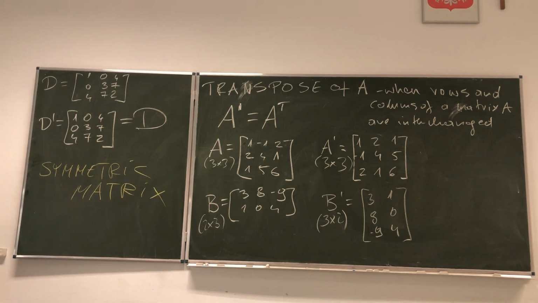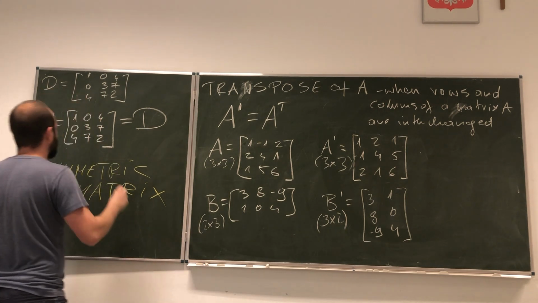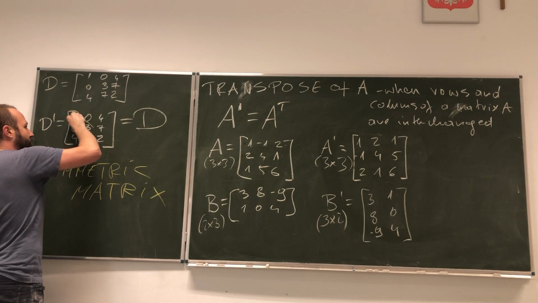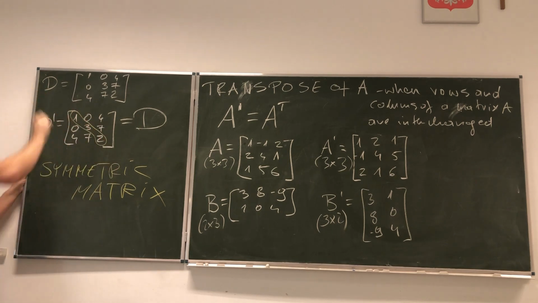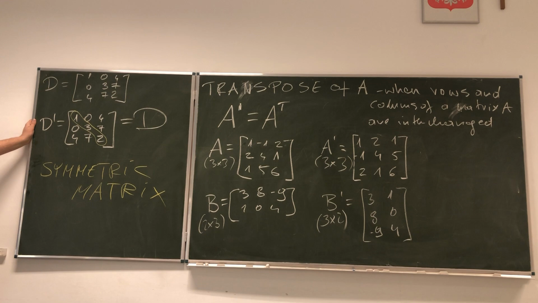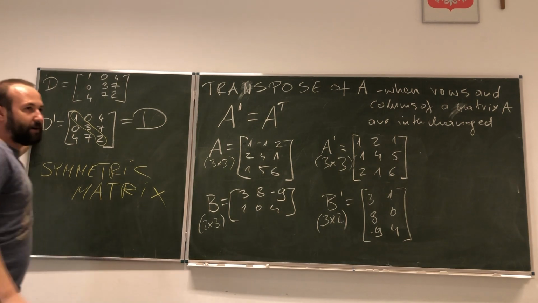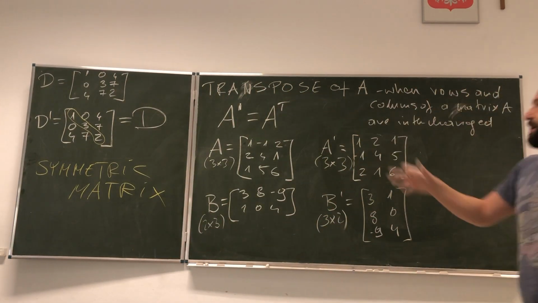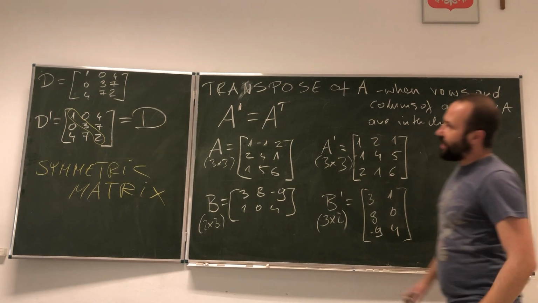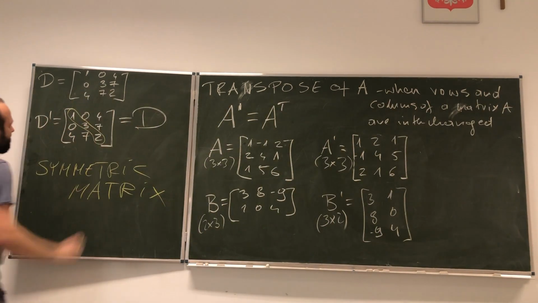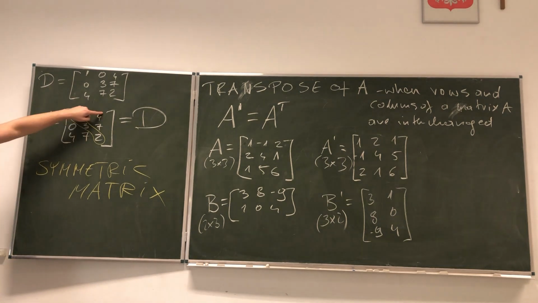What is a symmetric matrix? To find a matrix that is symmetric, you just need to first look at the principal diagonal. First, obviously, for a matrix to be symmetric, it needs to be a square matrix, right? It must have the same number of rows and columns. But then, if you look at these 2 triangles that you see over here, those elements are mirror reflections with respect to the principal diagonal.